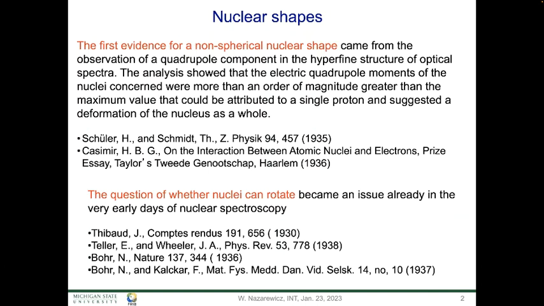And if it can rotate collectively, it will emit characteristic gamma rays. And the observation of these gamma rays, usually E2 and E1 transitions, can be coupled to the presence of non-spherical shapes. So an ideally spherical nucleus cannot rotate because you cannot define reorientation of this object in space.